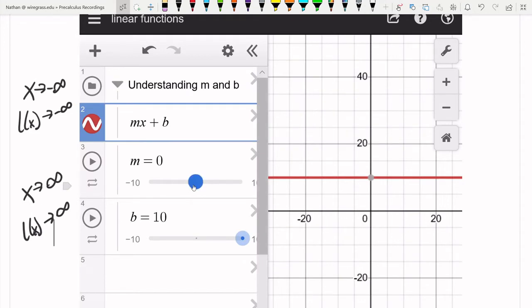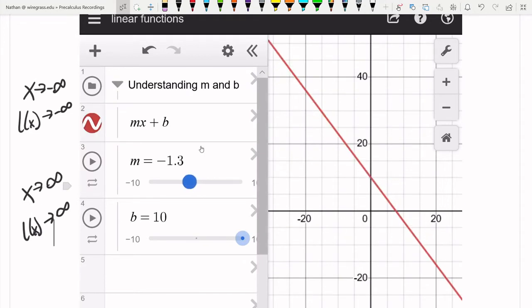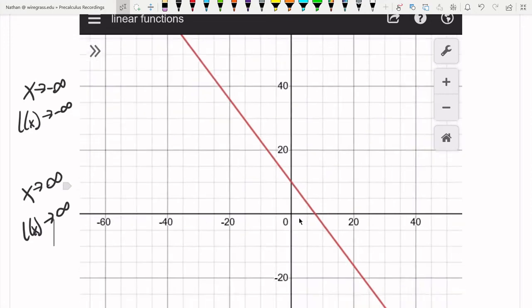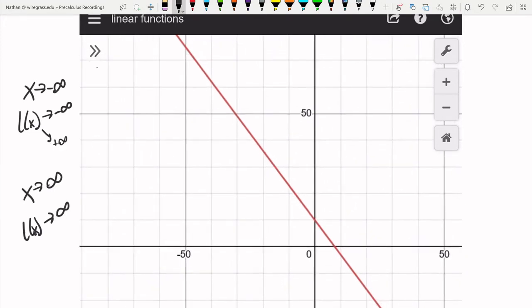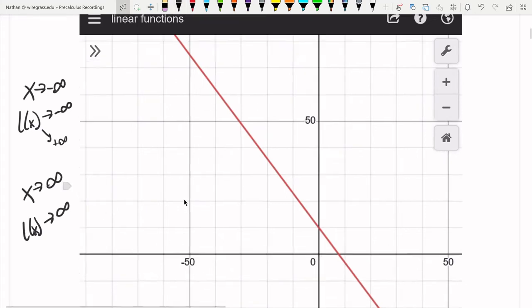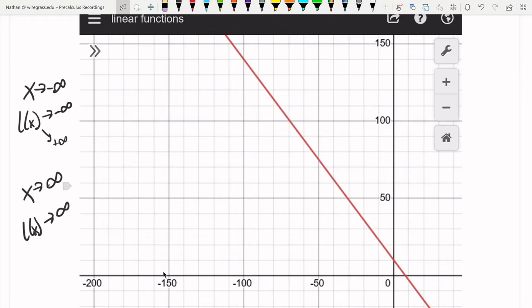If, on the other hand, I go to negative m, now you can see that as I go this way, I'm no longer going to negative infinity. I'm going now to positive infinity. So now this is going to positive infinity on the left side, where x is negative numbers.